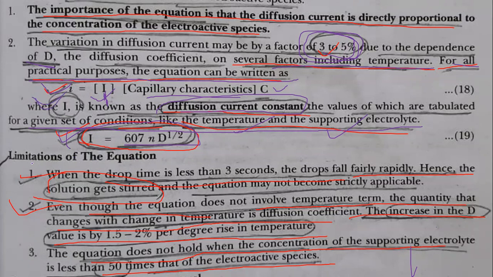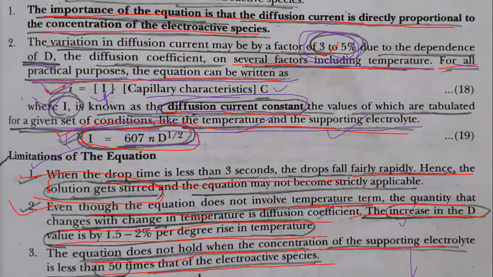So, limitations of the equation. When drop time is less than 3 seconds, it disturbs the solution, causing a kind of stirring, and that affects the result from this equation. Even though the equation does not involve a temperature term, the quantity that changes with temperature is the diffusion coefficient.